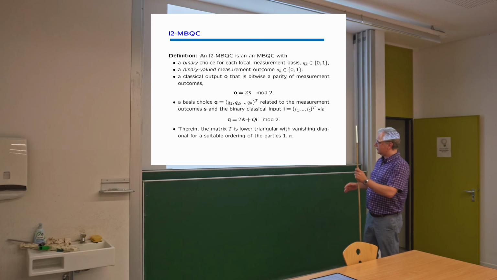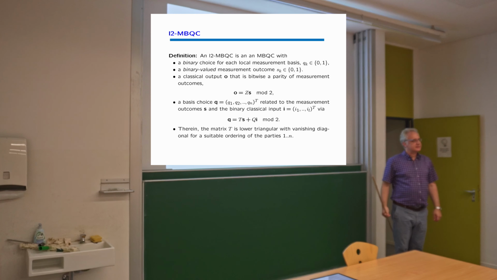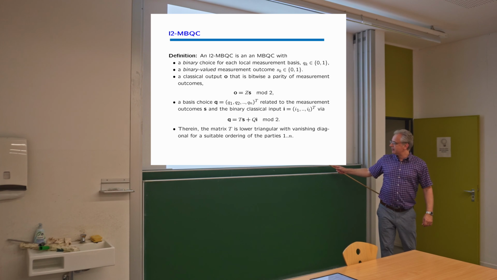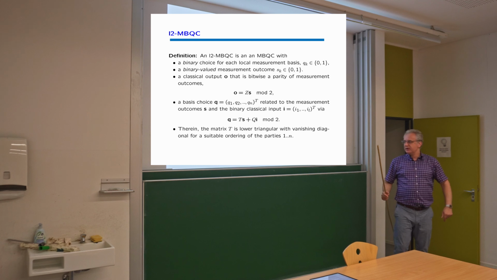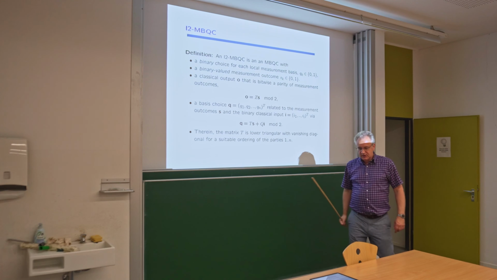Then you get this lower triangular form for this influence matrix. With the right labeling, this is just a reflection that the matrix is compatible with a partial order of measurements. Good.